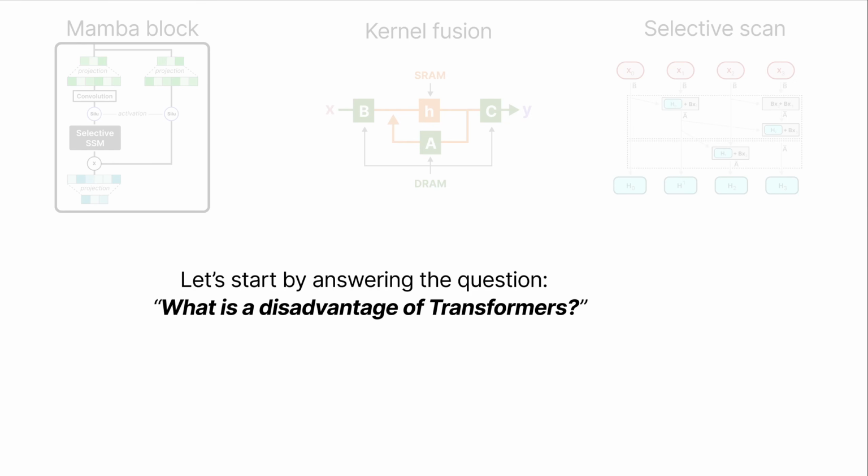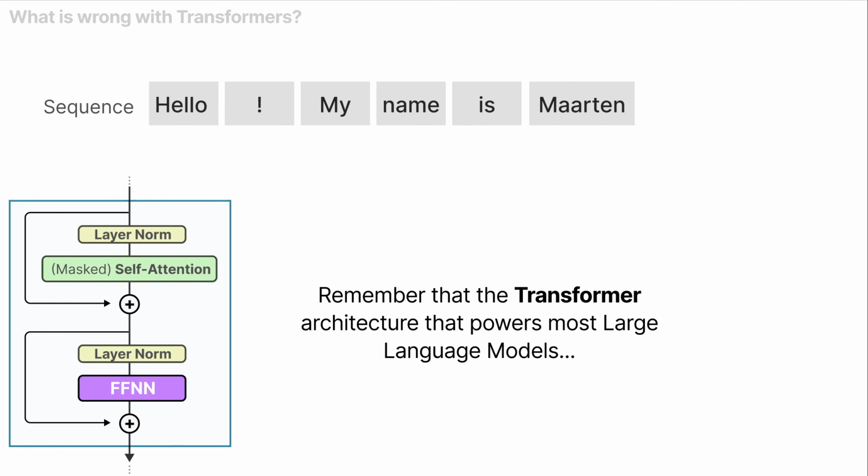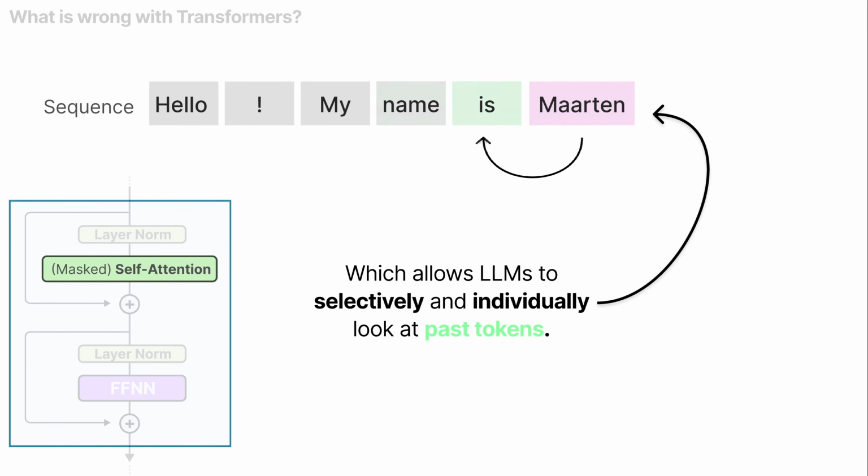Let's start by answering the question, what is a disadvantage of transformers? First, let's assume we have a sequence separated into tokens. Remember that the transformer architecture that powers most large language models has something called self-attention, which allows LLMs to selectively and individually look at past tokens.